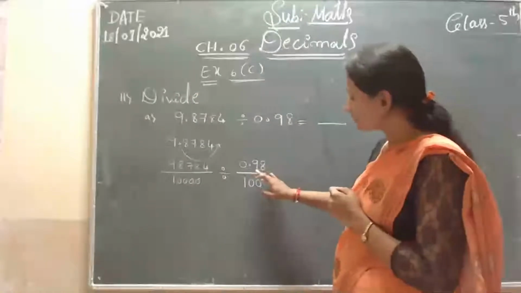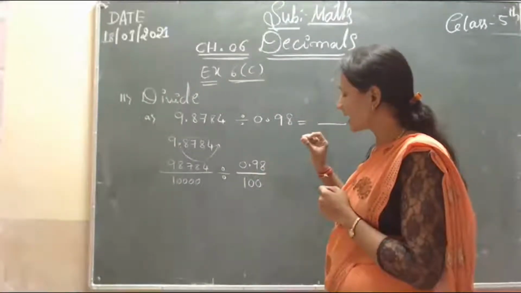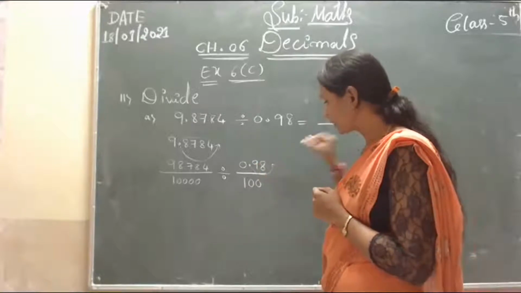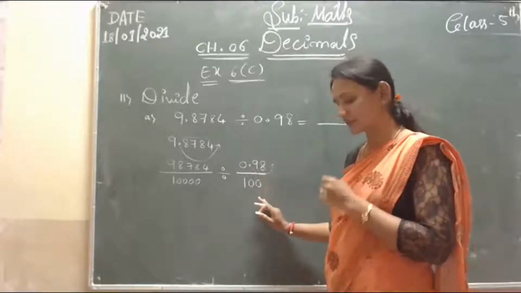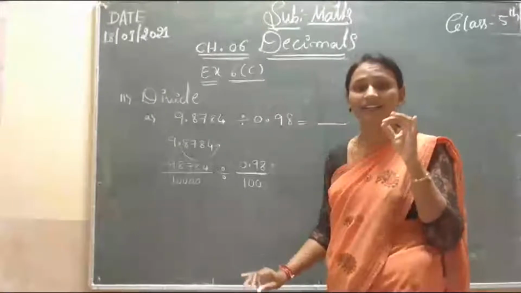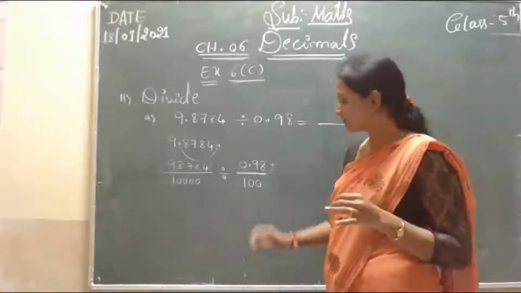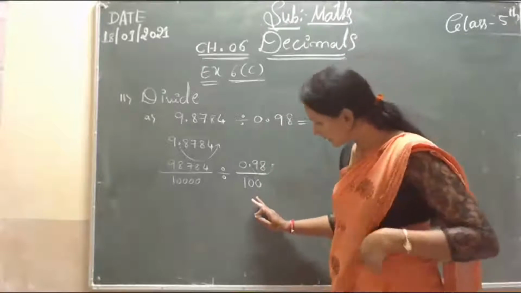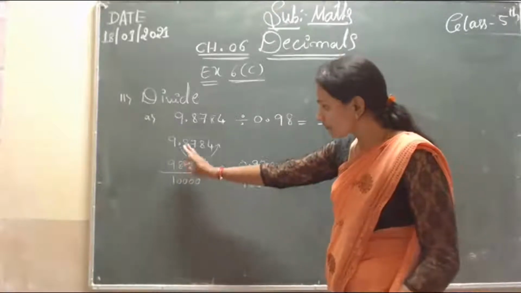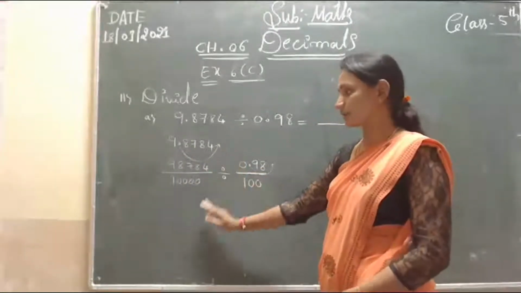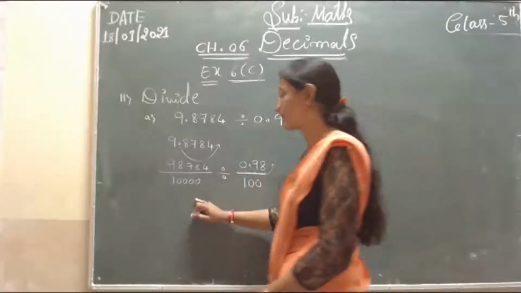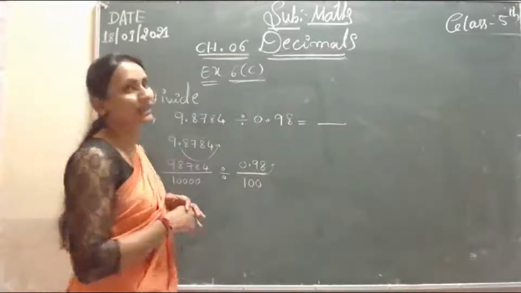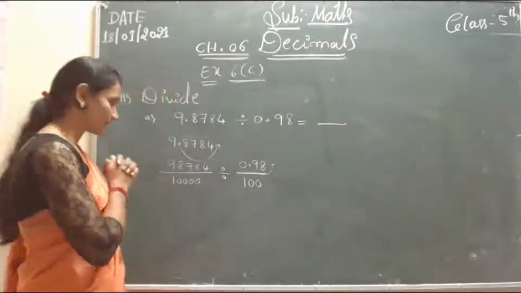I shift the point to the right side in 0.98, so it is upon 100, because there are 2 numbers after the point. For the first number, 4 numbers, so I write 4 zeros, which means you consider 10,000. Okay, so next steps.